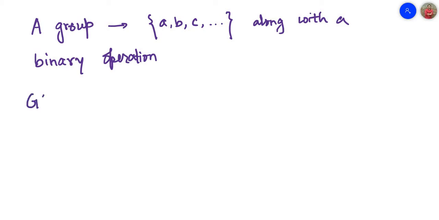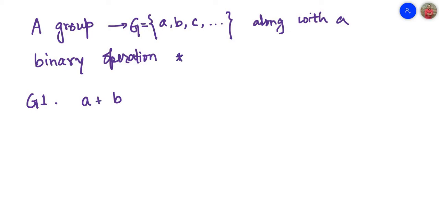Number one, let's denote it by G1. G just stands for group. The first condition is, by the way, we denote this group by some symbol G. The first condition says if we have two elements of this set and we join them by means of this binary operation, let's denote it by a star.